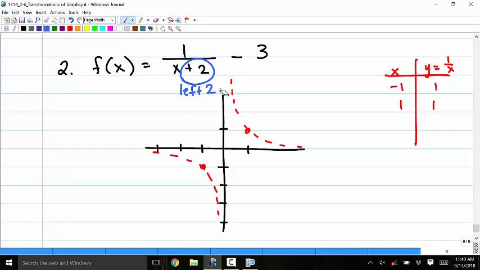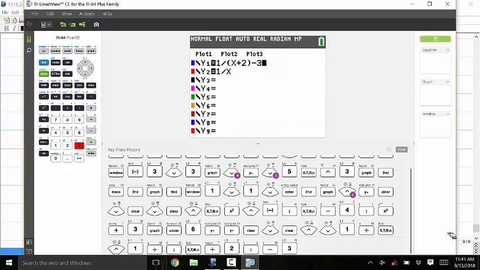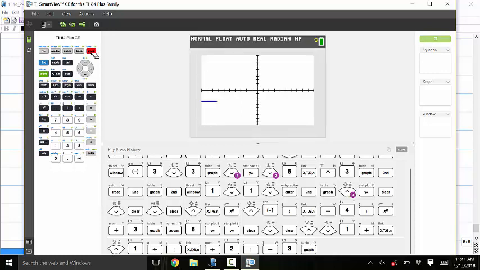After you move everything left 2, you need to move it down 3. When you're graphing it, make sure your denominator is in parentheses, 1 over quantity x plus 2, and then do -3.